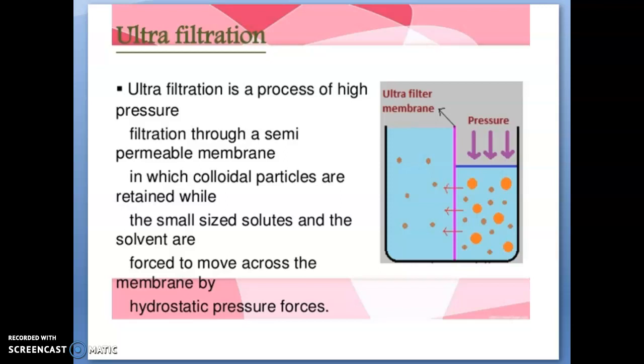The next one is ultrafiltration. Here the colloidal solution is filtered through an ultrafiltration membrane, mainly a semi-permeable membrane like cellophane, in which the colloidal particles are retained and not allowed to pass. Only small-sized solute particles like electrolytes, or the solvent, diffuse through this cellophane membrane.